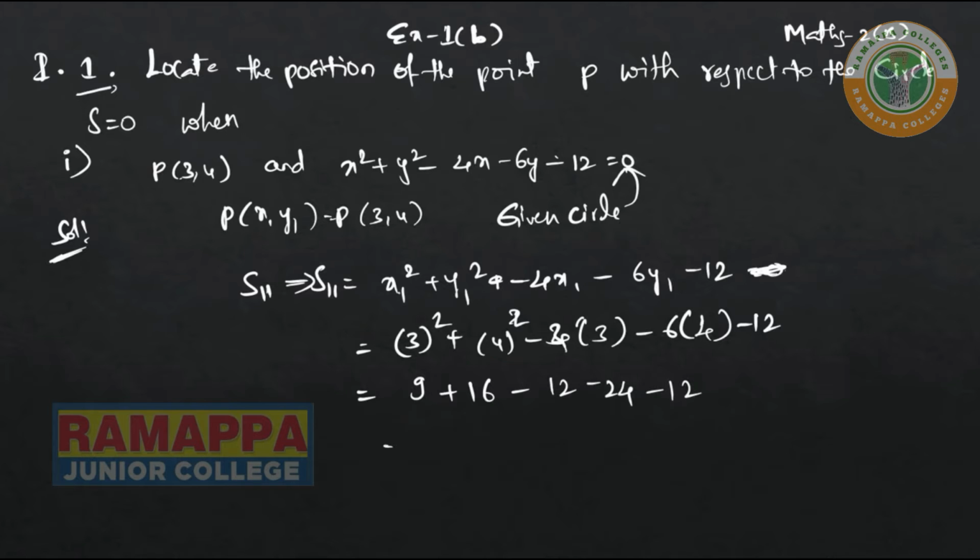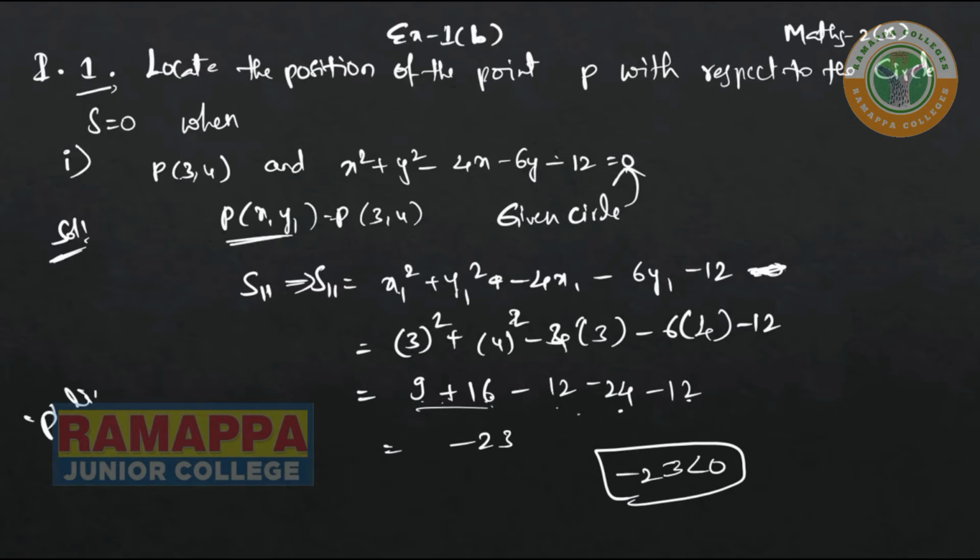So 25 minus 48 is minus 23. So it is minus 23, which is less than 0. So this point P lies in the interior of the circle.